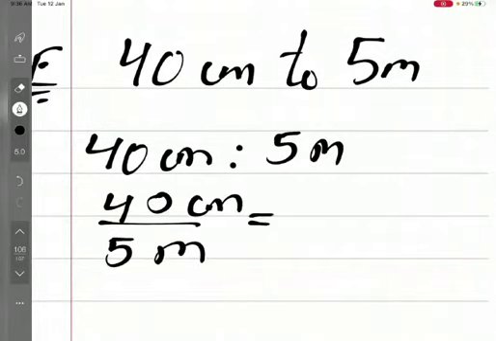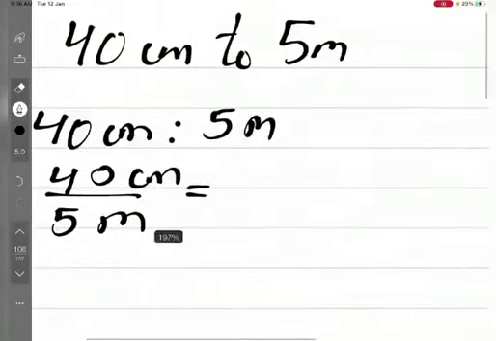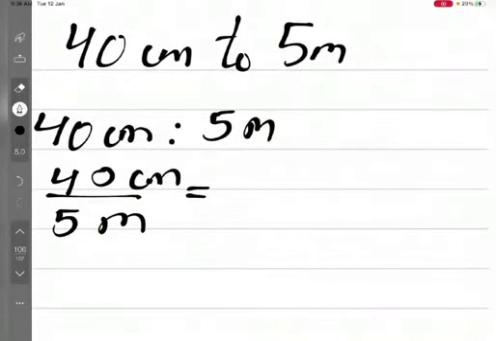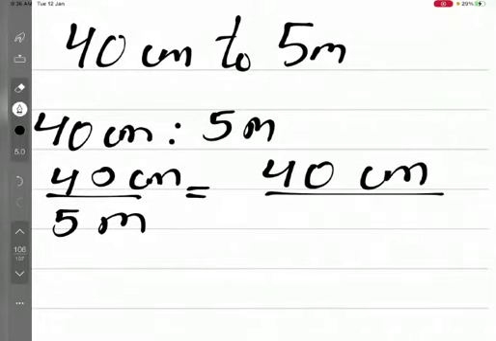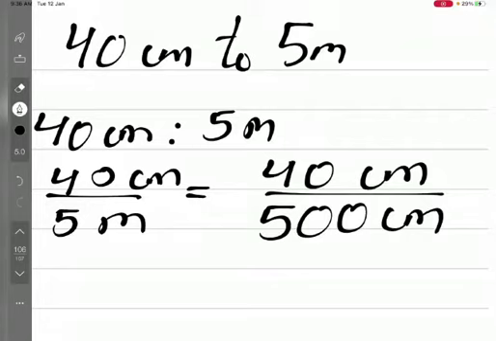Then we know that in 1 meter there are 100 centimeters, so in 5 meters there will be 500 centimeters. So I will write it as 40 centimeters upon 500 centimeters. Now because the units are the same, we can cancel the units and the 0.